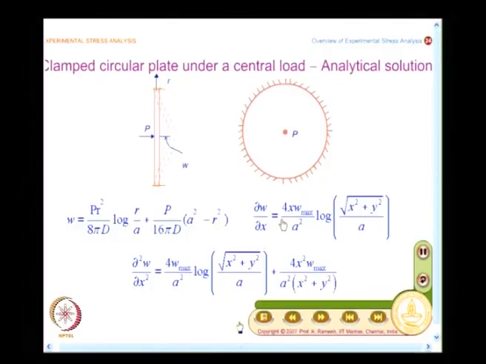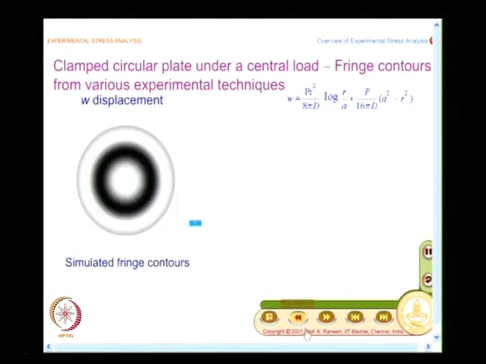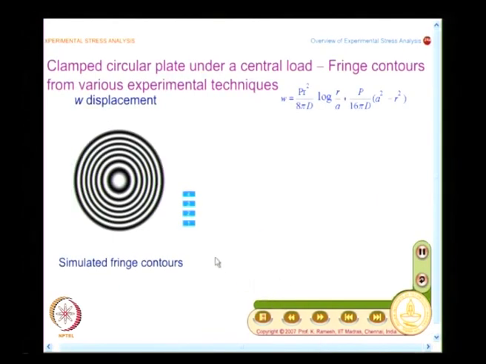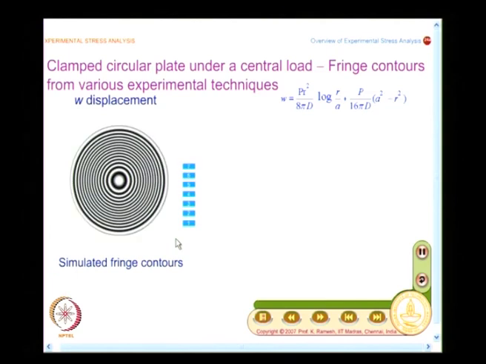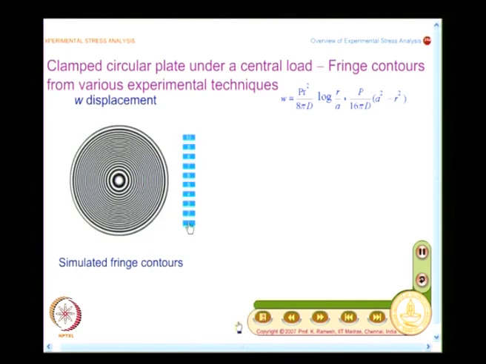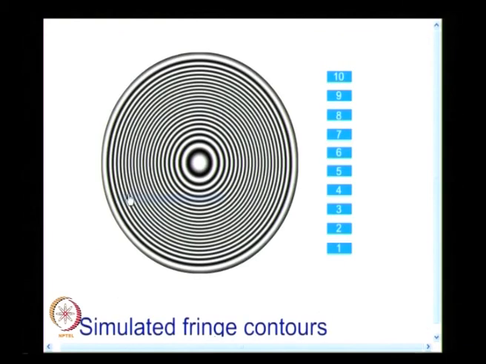Similarly, I have shown the slope in direction x, and you can also have the slopes in direction y, and when I go and find out, I get patterns like this. Nature is so good. I have simulated fringe contours, and I have concentric circles.